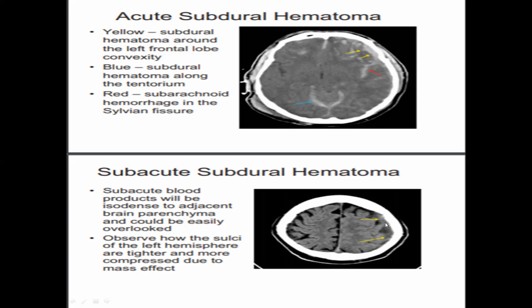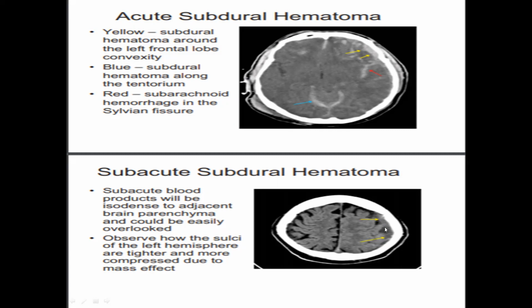Before we get into more details, one thing you need to know is that acute blood is going to appear white, or we can call it hyperdense. It's going to appear light in color, okay? Then subacute will appear isodense, so it will be very similar to brain matter. Then chronic is going to appear hypodense, dark in color, okay?